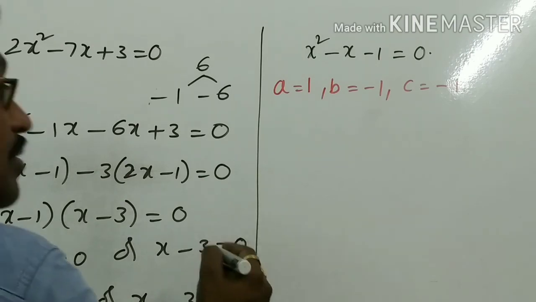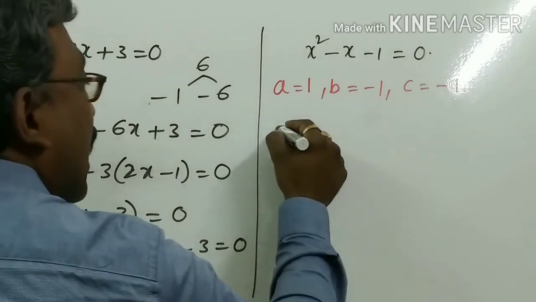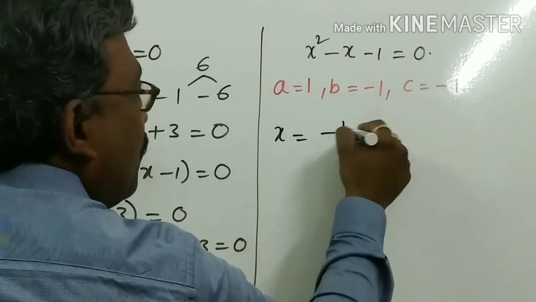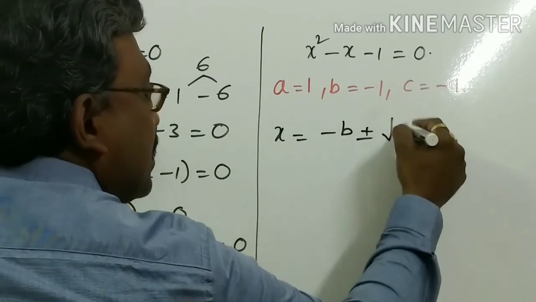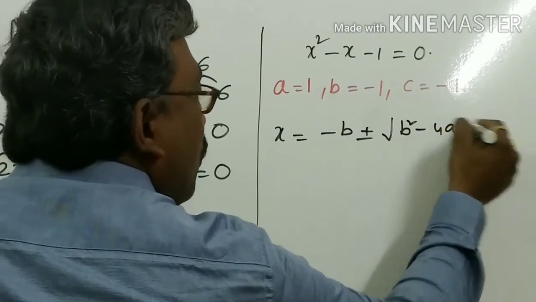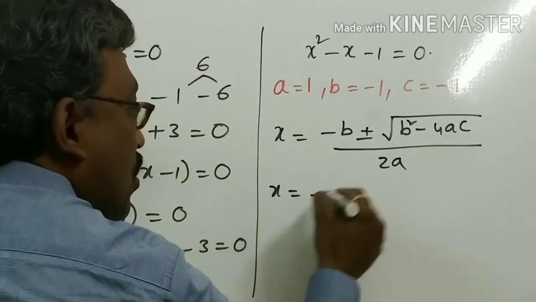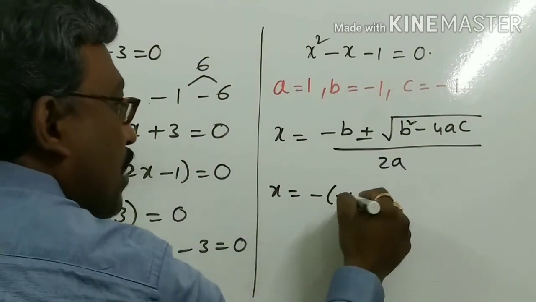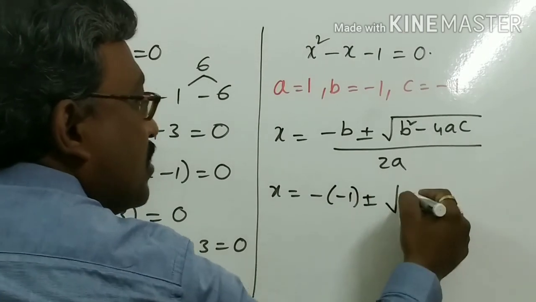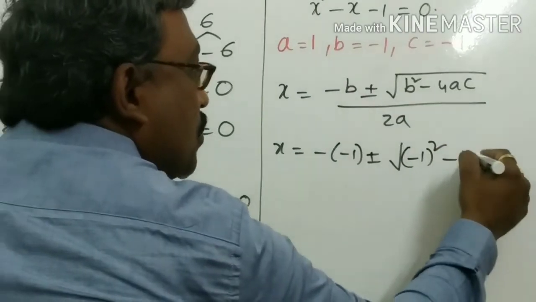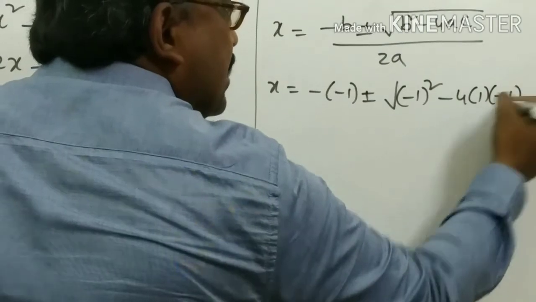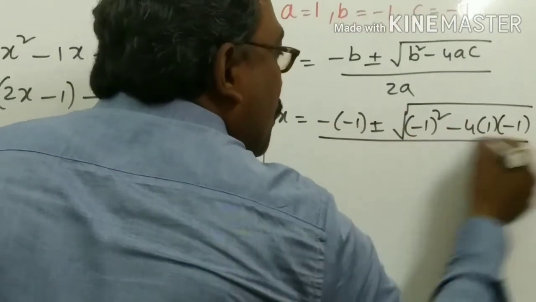Now, if I apply the formula, x is equal to minus b plus or minus root of b square minus 4ac by 2a, then x is equal to minus b value, minus 1, plus or minus root of minus 1 whole square minus 4ac, by 2a.